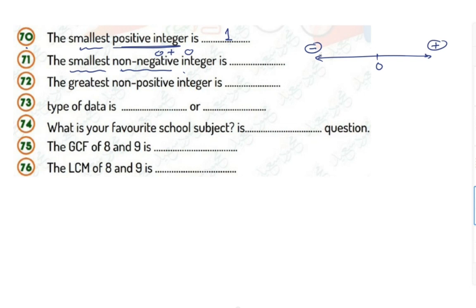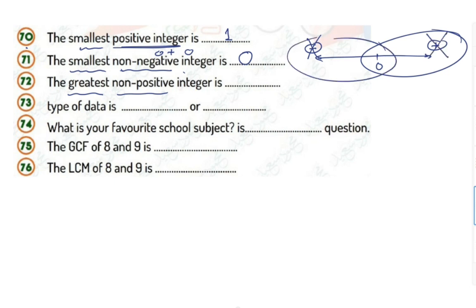So smallest is 0. The greatest non-positive. Non-positive, I will delete positive and take 0 and negative. Greatest is also 0, because 0 is to the right of the group.